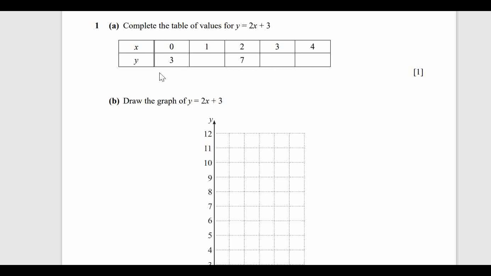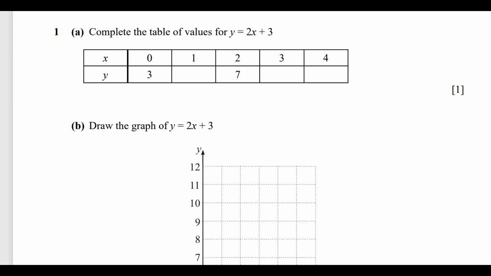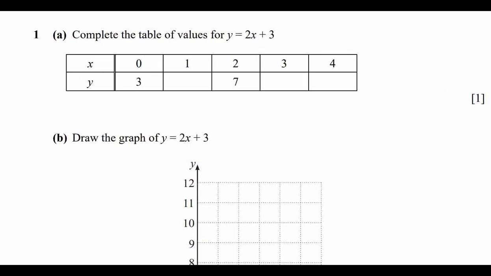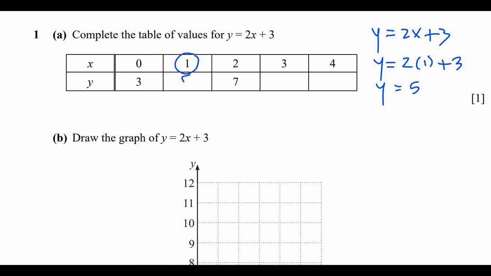Now let's start counting for this one. If x is 1, we have y equals 2x plus 3. Now we have to substitute x with 1, so 2 plus 3, so y equals 5.